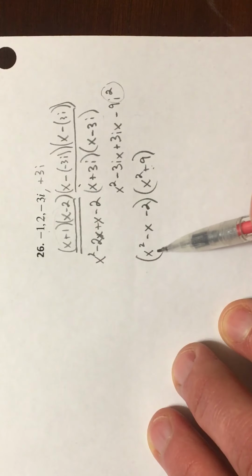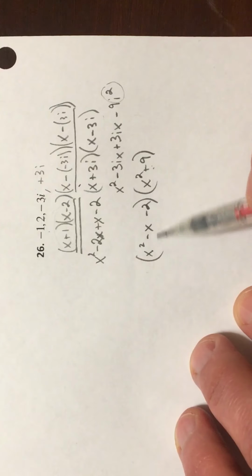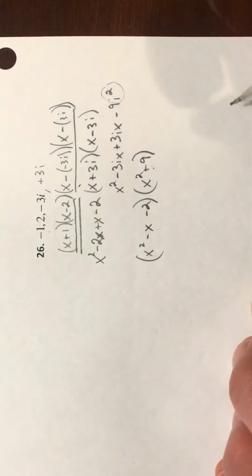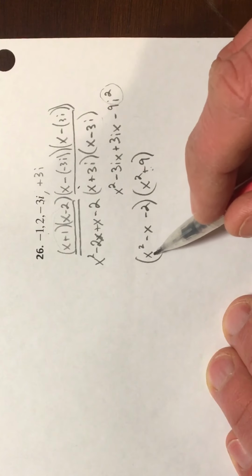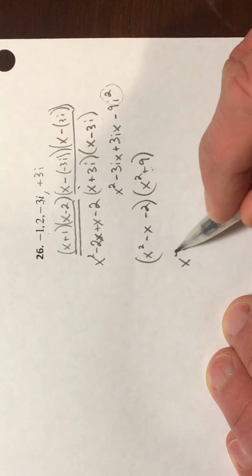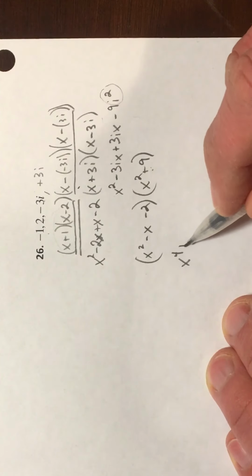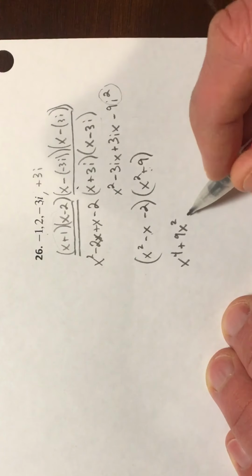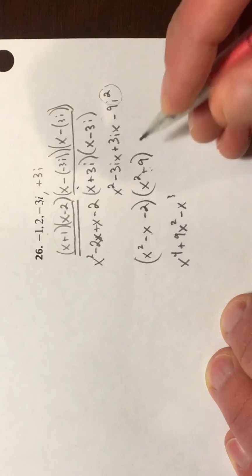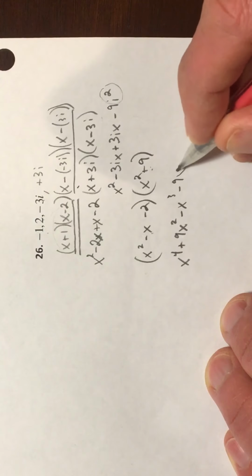Now again, we have a trinomial times a binomial. So 3 times 2, I should have 6 terms. And then we'll combine like terms. So x squared times x squared is x to the 4th. X squared times 9 is 9x squared. Now I'm going to take negative x. So that'll be a negative x cubed and a minus 9x.